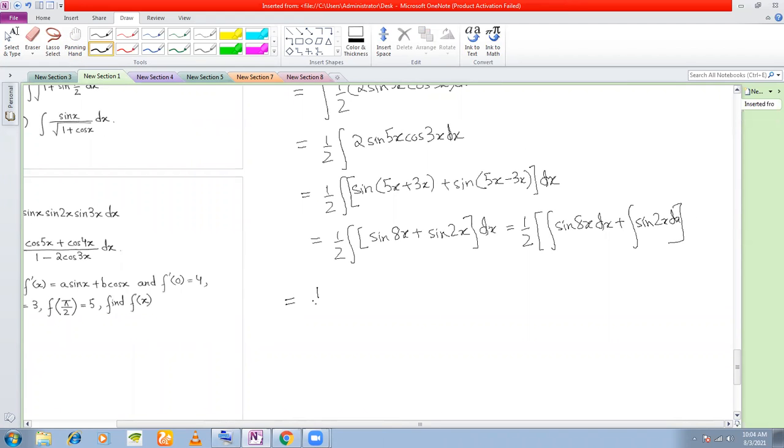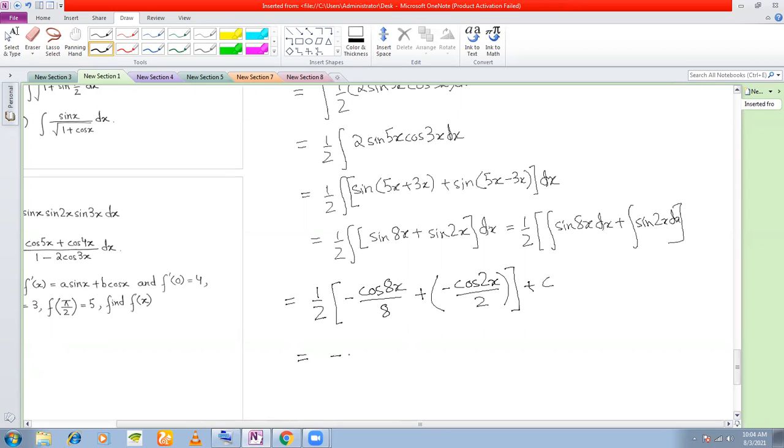And you know the integration of sine, which is minus cos 8x divided by the derivative of 8x, which is 8, plus again sine 2x similarly is minus cos 2x divided by the derivative of 2x, plus c.